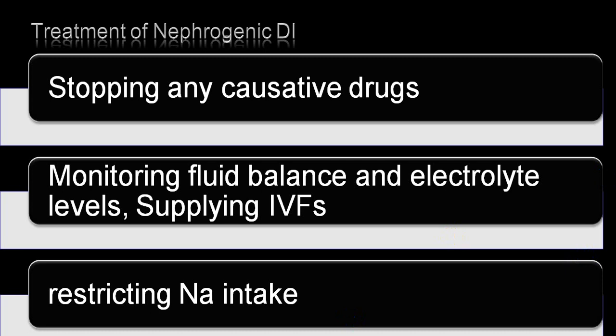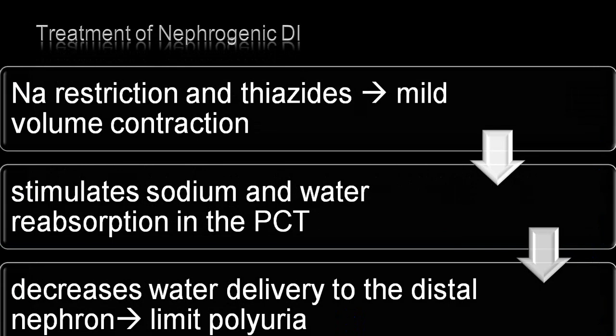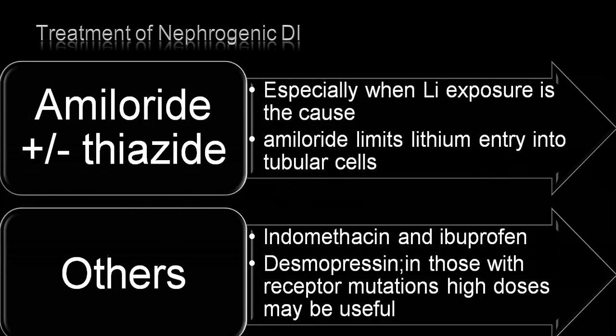Maintain water balance, maintain electrolyte balance, restrict sodium intake, give thiazides, stimulate sodium and water reabsorption from the proximal convoluted tubule, decrease water delivery to the distal convoluted tubule. You can use thiazide diuretics or amiloride. You can use indomethacin also or ibuprofen, and in some cases even desmopressin may be of some help.